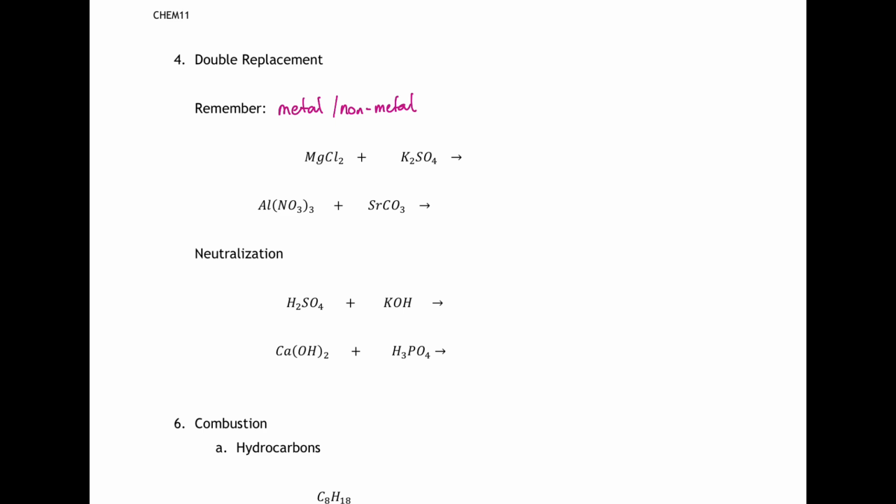And so when I write my little code for double replacement, it is an AB plus a CD. And how I figure out what I'm going to make from this, it isn't just a random mix-up, is the ones that are first have to stay first because they're metals. So they always have to stay first. They don't change what they are. So if A was first in the first part, A has to be first in the second one.